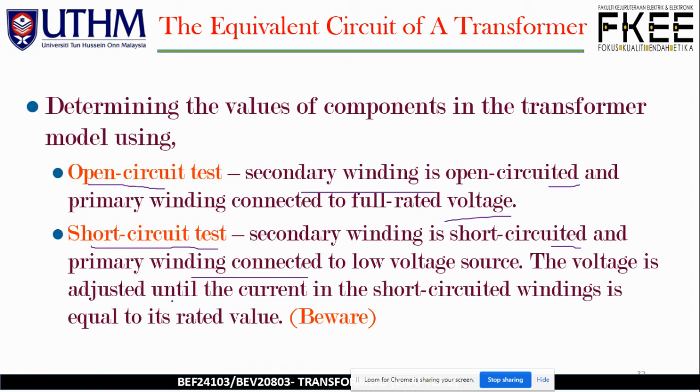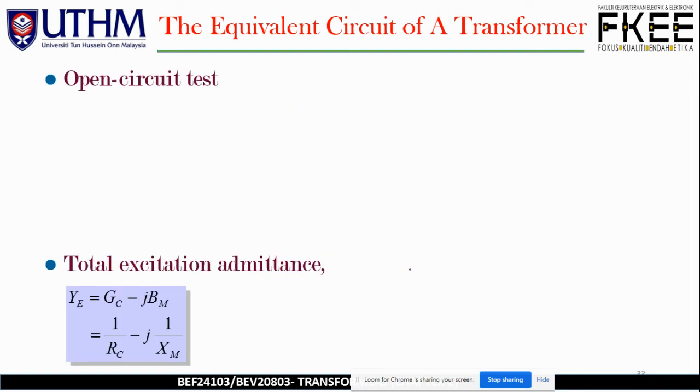The voltage is adjusted until the current in the short circuit winding is equal to its rated value, but you have to be extra careful because you may burn out the transformer winding. So these are the two methods on how we can determine or obtain the transformer component values.